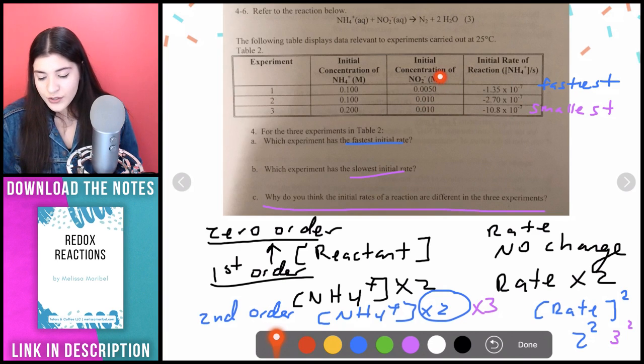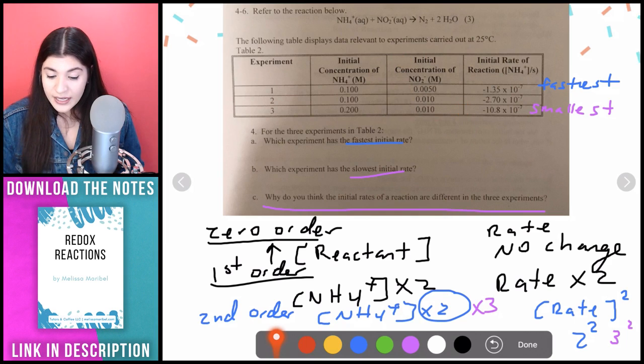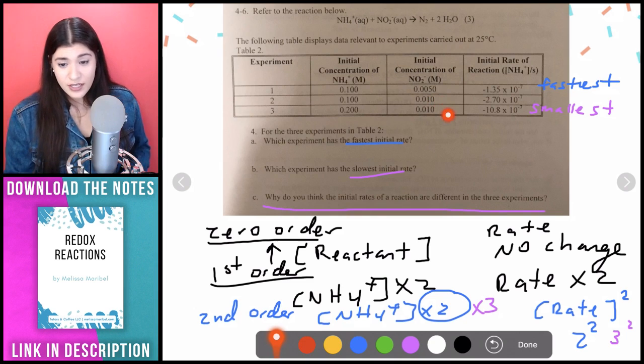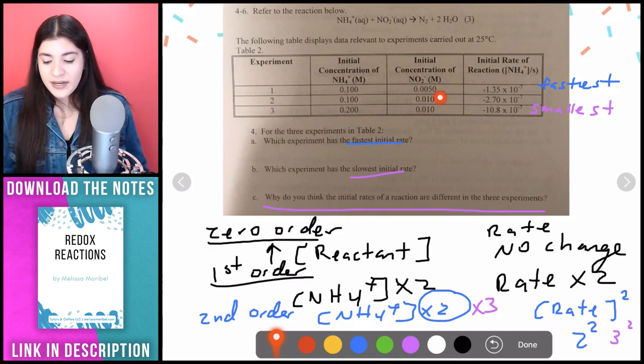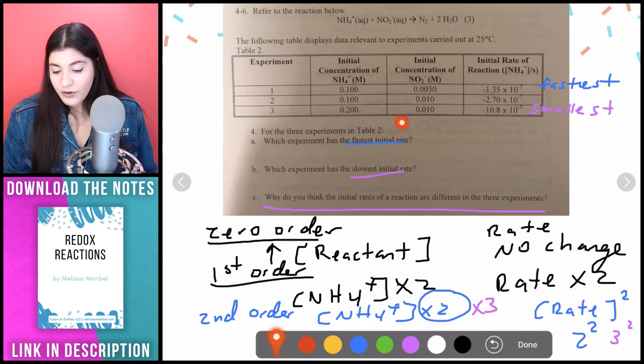We would see the same exact thing for NO2 in the second experiment and the third experiment. Now these two are held constant, right? These are the same, so these would cancel out, and we can now figure out what the reaction order for ammonium would be because now it doubled, right?